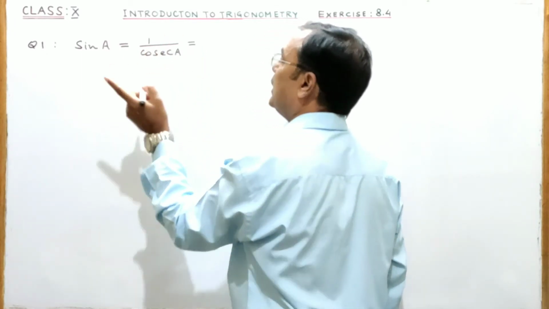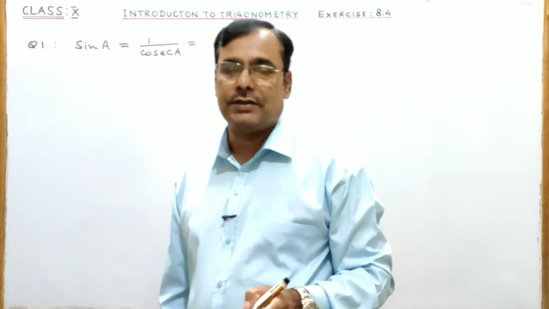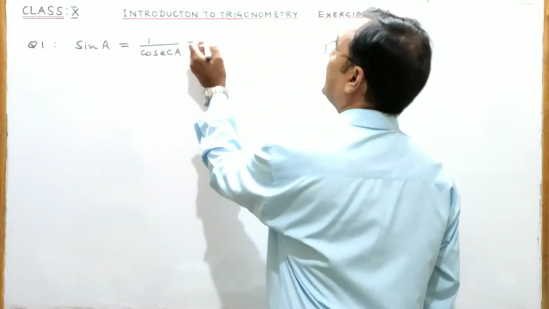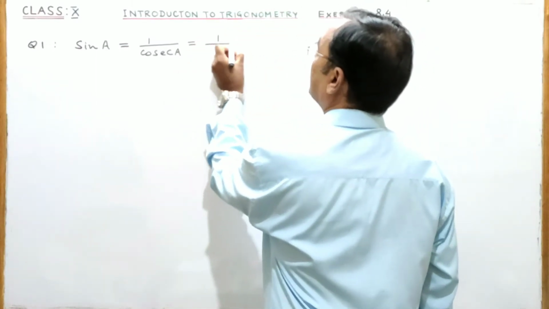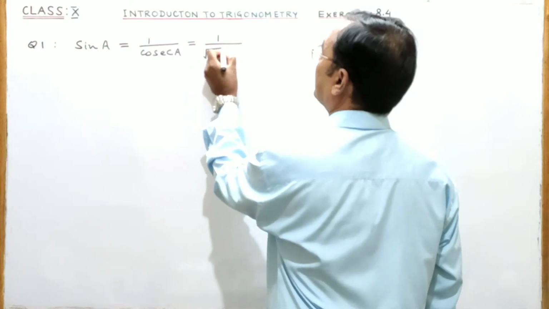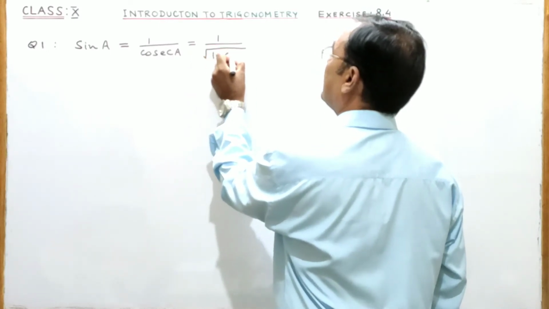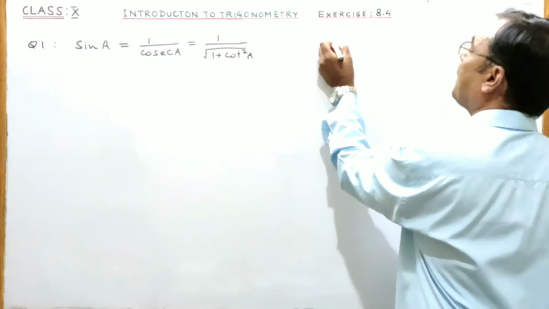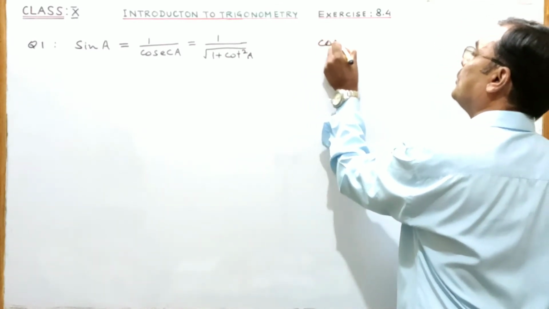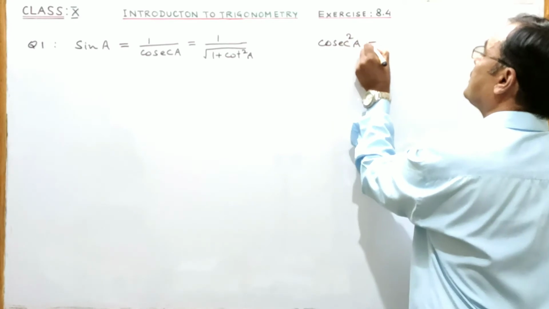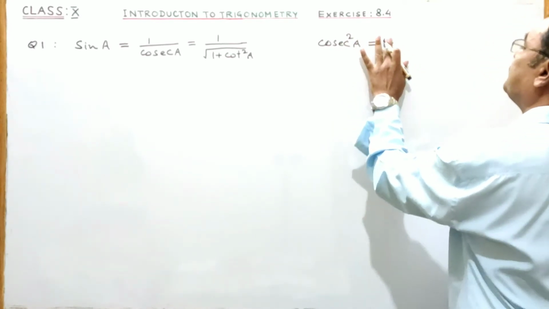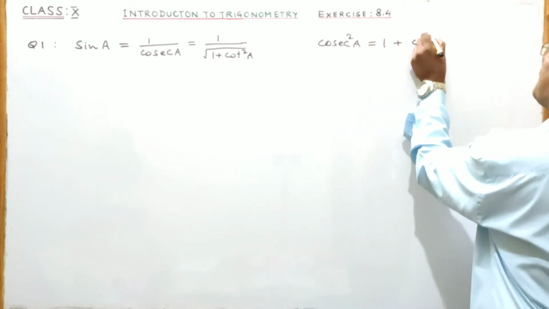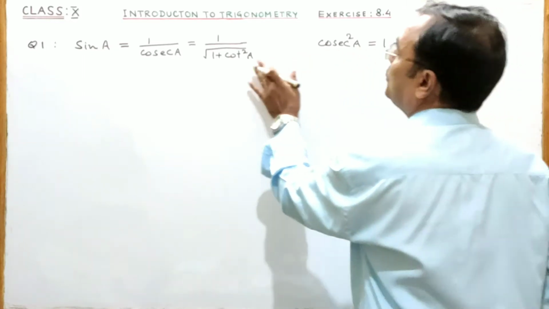And we know the identity cosec square A is equal to 1 plus cot square A. So cosec A we can write under root 1 plus cot square A, because you know the identity cosec square A is equal to 1 plus cot square A. So this identity is used here.